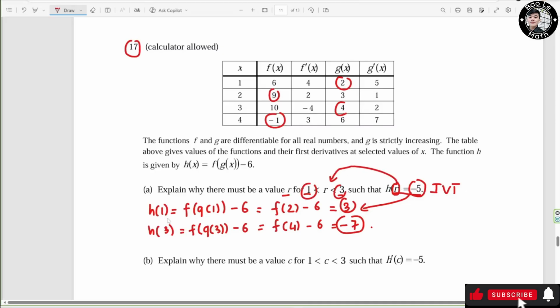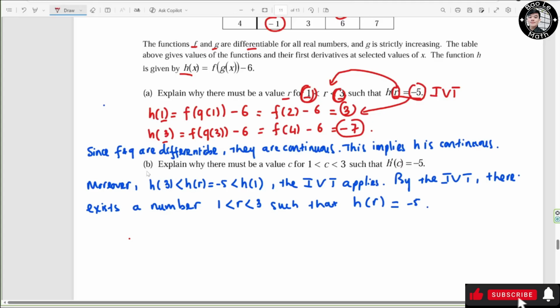Since the functions f and g are differentiable, it implies that f and g are continuous, so the function h is continuous. So by the IVT, there exists a number r between 1 and 3 such that h of r equals negative 5, right? Now let's move on to question B.